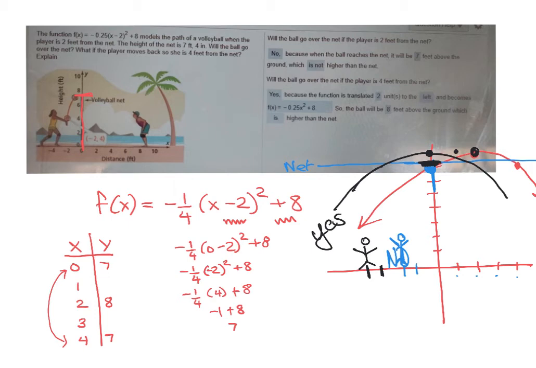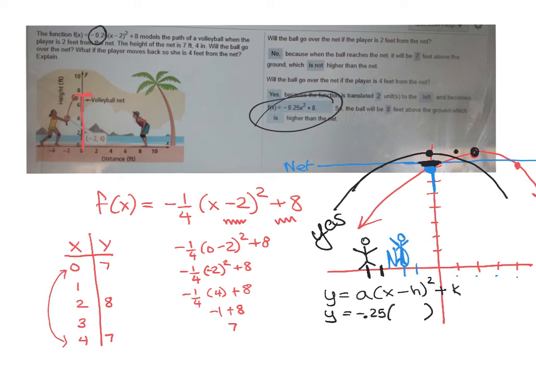It sure would. And if you're struggling to see how the heck did they get that equation, I don't know where it's coming from. Okay, well, you already know the A value because they gave you the A value in the problem. So the A would be the negative 0.25 or 1/4, however you want to write it. The H value is how far to the right or the left it was shifted off the y-axis.